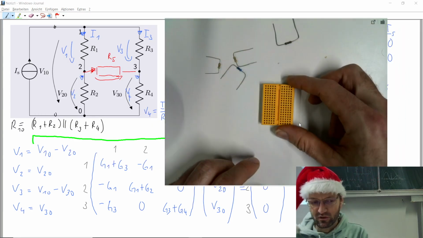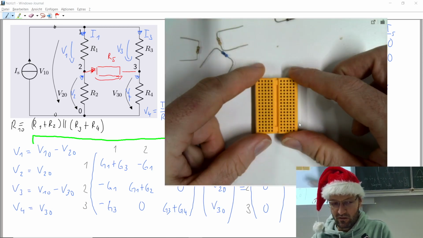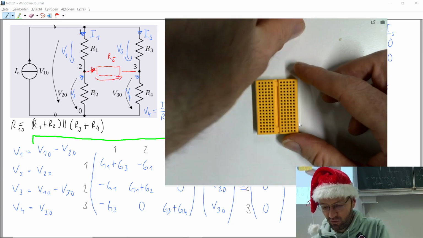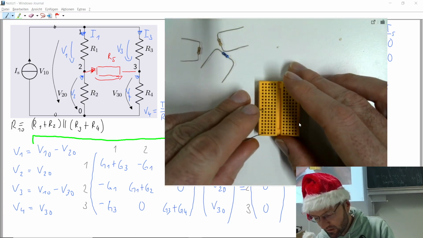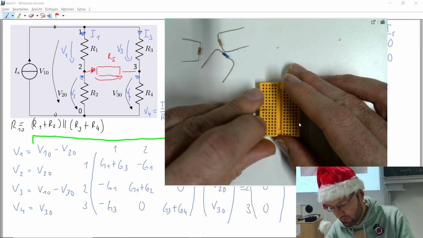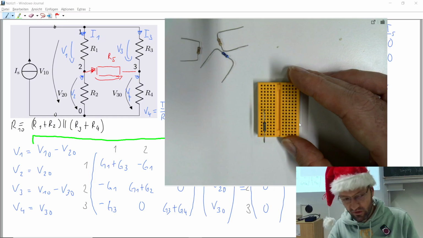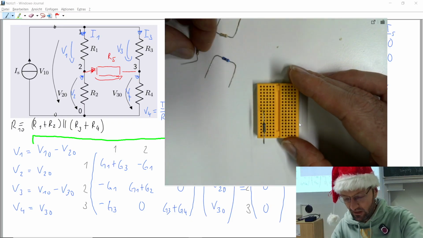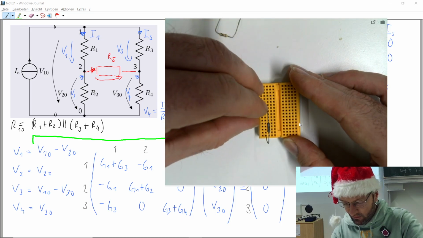So now I would like to have this circuit, right? And maybe I will make everything a bit larger. So this was the 2 kilo ohm resistor. This is what I will put somewhere here. So there's my 2 kilo ohm resistor already. And then I have a 1 kilo ohm resistor on this side.